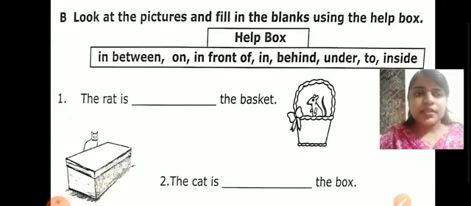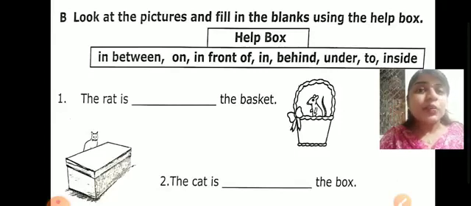The rat is dash the basket. Now you can see the picture of a basket. Right? What is there inside the basket? Very good. Rat. So what will be our answer? The rat is inside the basket. So you're going to write the answer.